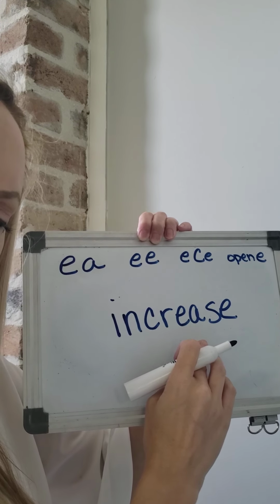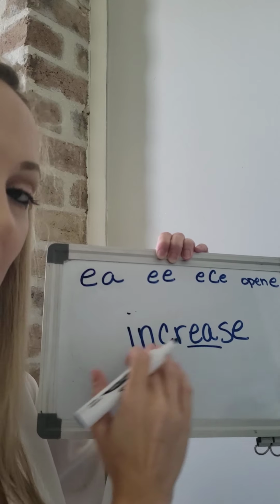We have that EA digraph and that silent E, but it is not an E consonant E because it has the EA digraph together. So don't let this trick you. It doesn't go here, it goes here. This is an EA pattern. Increase.